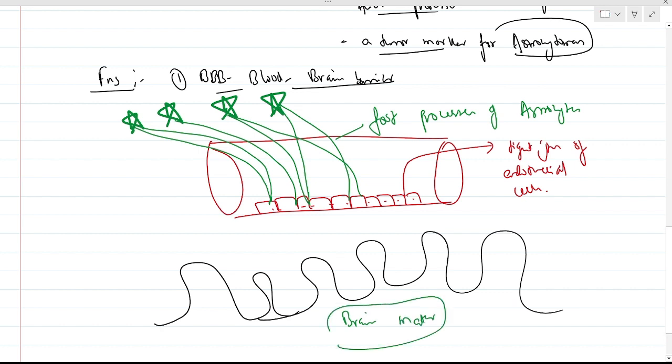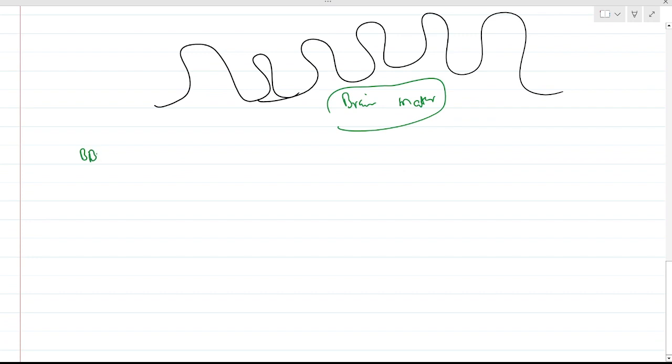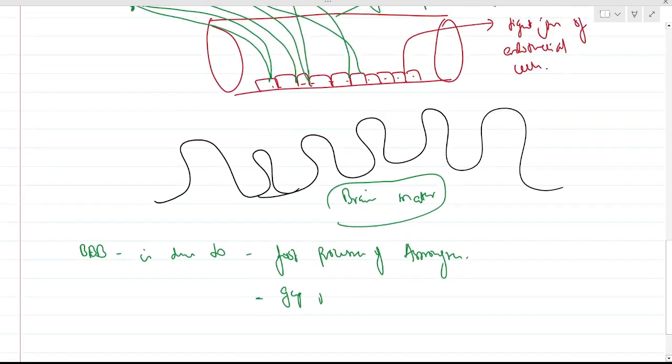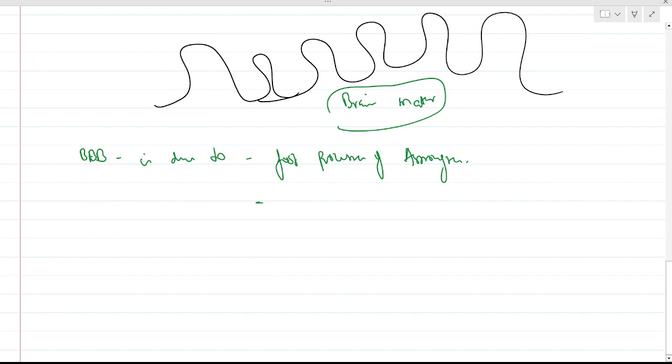Now this blood brain barrier, BBB, is due to the foot processes of astrocytes and the tight junctions of endothelial cells.